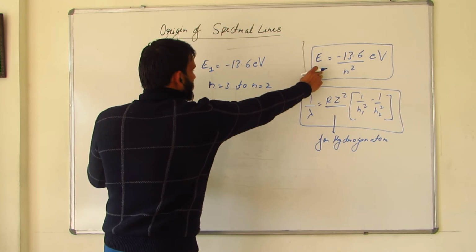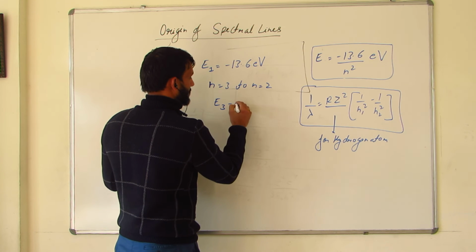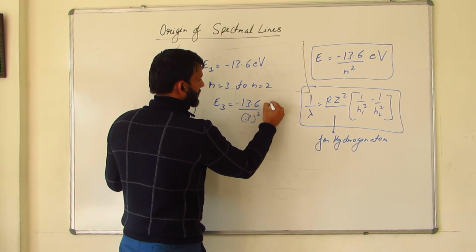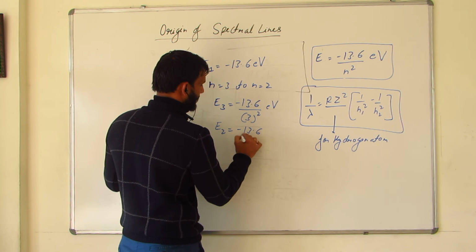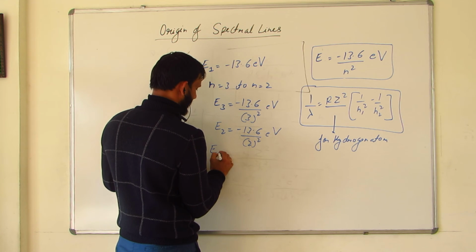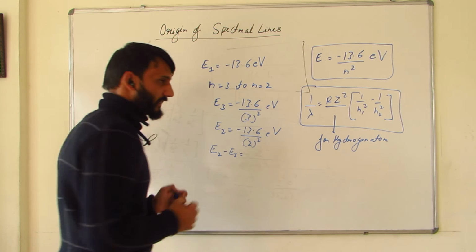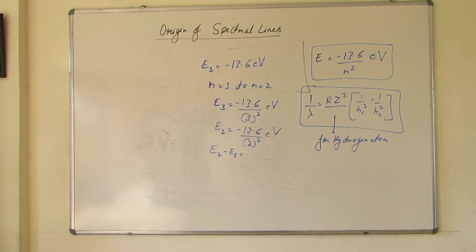So you can use this: E3 is equal to minus 13.6 upon 3 square, and E2 is minus 13.6 upon 2 square eV, and if you calculate the difference in the energy, E3 minus E2, you can easily do that, right? So that would be the calculation of energy.